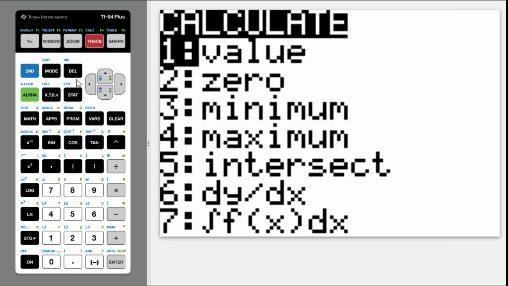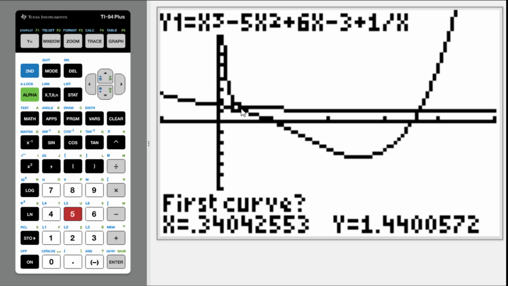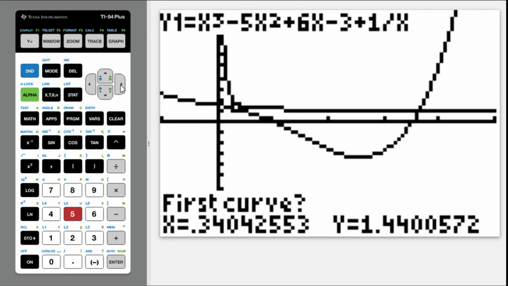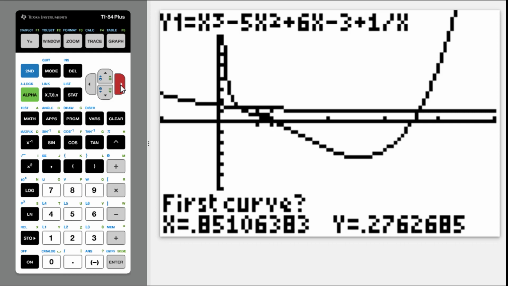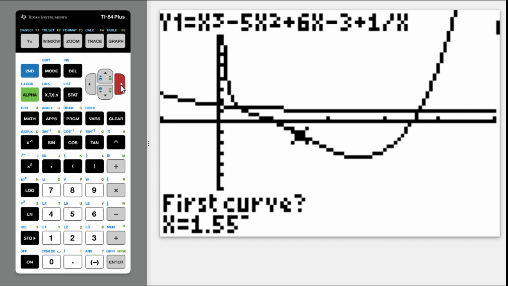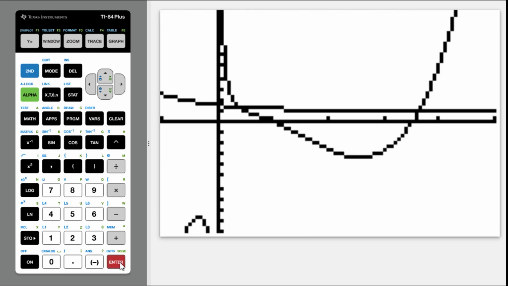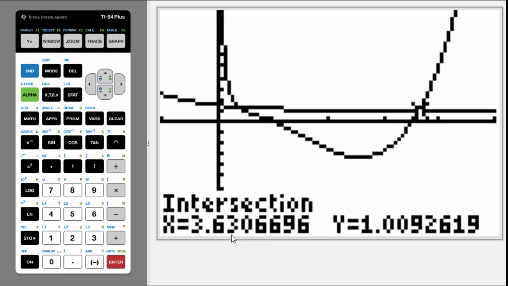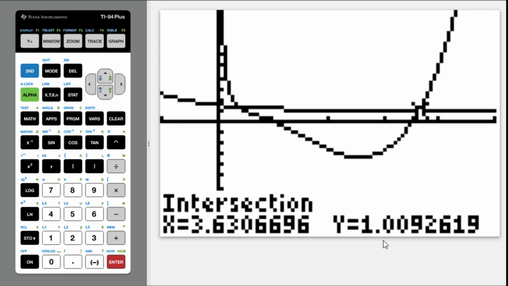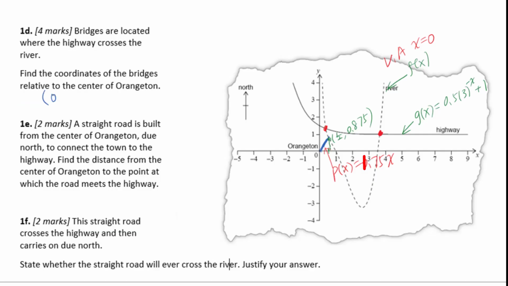Then do this again, second trace 5. I'm looking for this intersection, so you need to move the arrow closer to that intersection. Then enter, enter, enter. The answer will be 3.63, 1.01. So we can write down the coordinates 0.360, 1.34 and 3.63, 1.01.